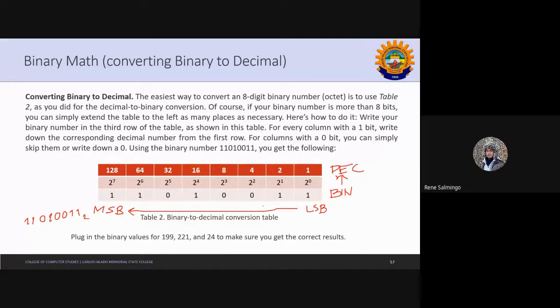So the binary value that we need to convert is 1, 1, 0, 1, 0, 0, 1, 1. So this is the one below that we are showing. So how do we convert?